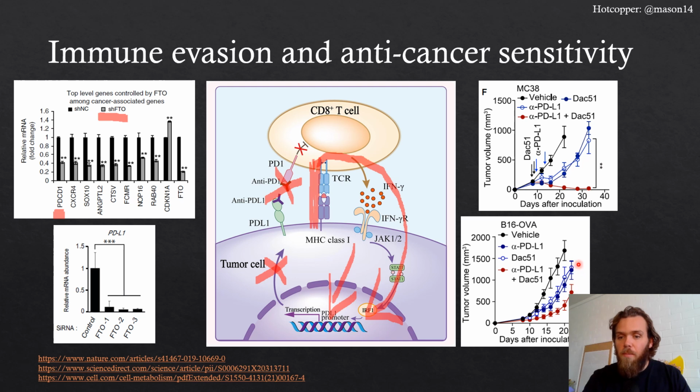In comparison to just an FTO inhibitor or just an anti-PDL1, there's a reduction in that tumor volume when you combine these therapies together, and this mechanism is where RAC are heading right now, and it's quite exciting.